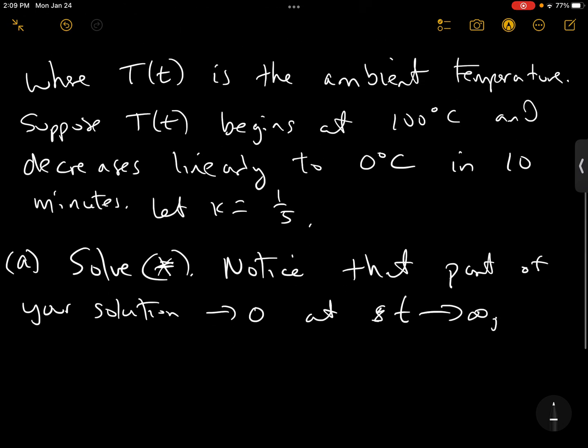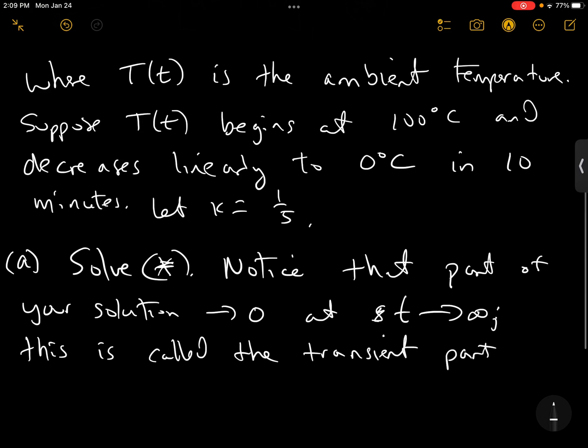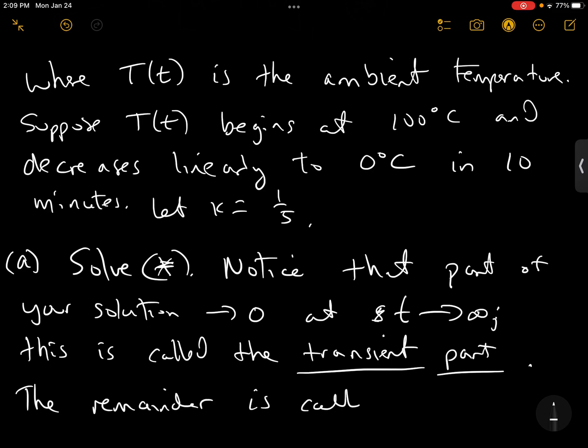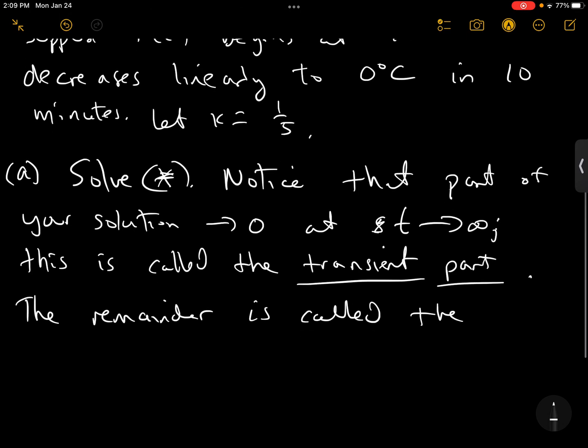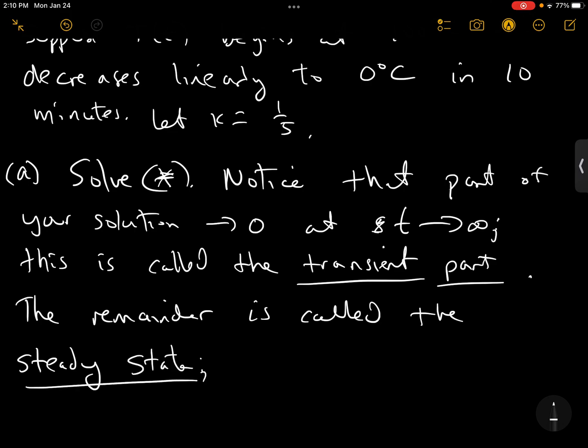Okay, so this is called the transient part of the solution. And the remainder is called the steady state. And we're going to denote the steady state by S of T.